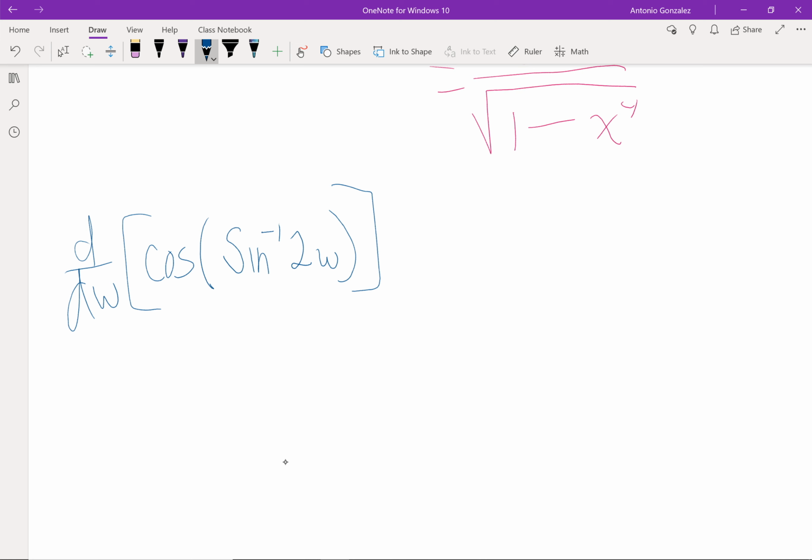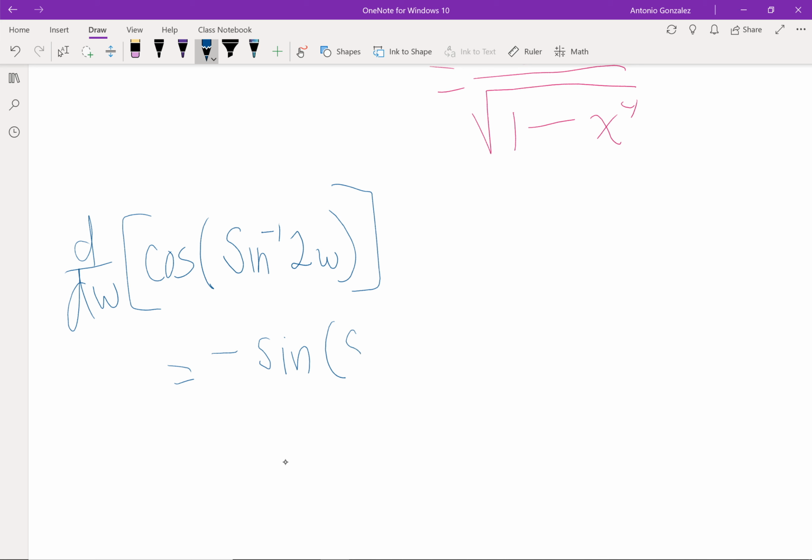So w is our independent variable. So again, here we're going to use the chain rule a couple of times. Start with the outer function. So the outer function is cosine, so the derivative of cosine is negative sine.